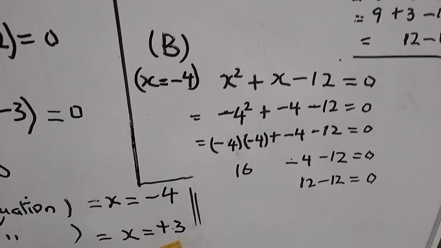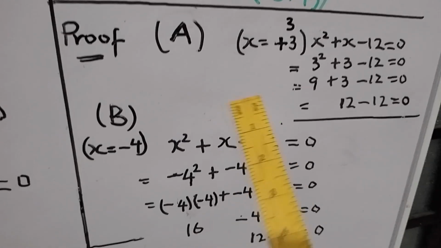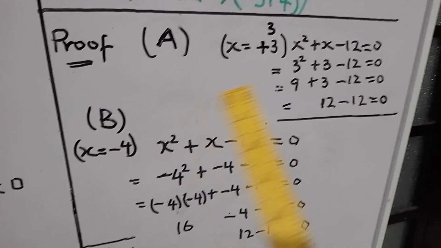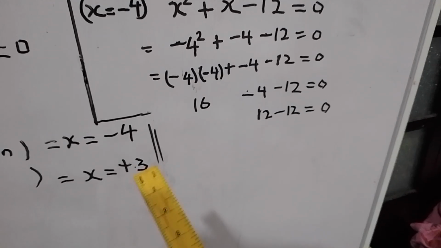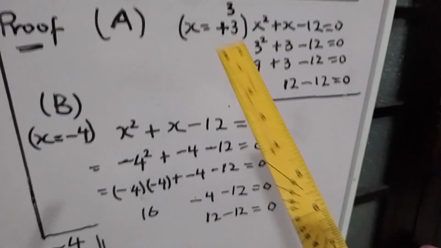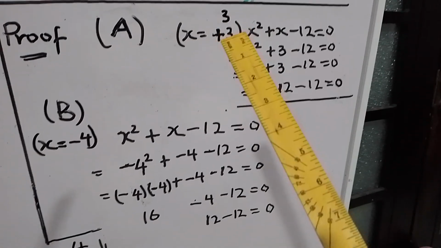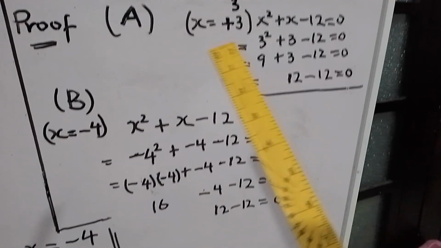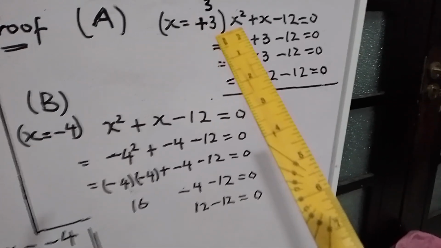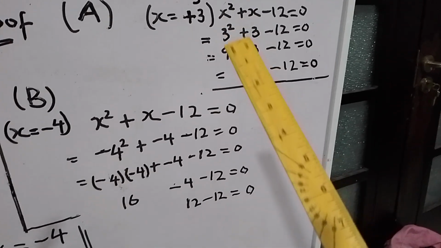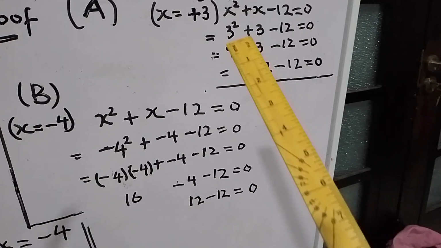We prove it. We do A and B. So where we have x, like here, x is plus 3. Remember 3 and plus 3 is the same thing. When you see a number without a sign, it means it's a positive number, there's an invisible plus there. So where we see x, we put 3. Look at x here, we put 3.